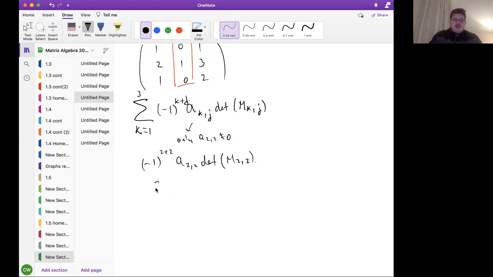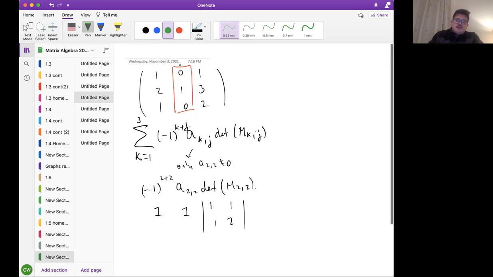Okay, that's 1, and A22 is 1. And someone give me the matrix. Yep, 1, 1, 1, 2. All right, that is deleting this column and this row, and we're left with 1, 1, 1, 2.